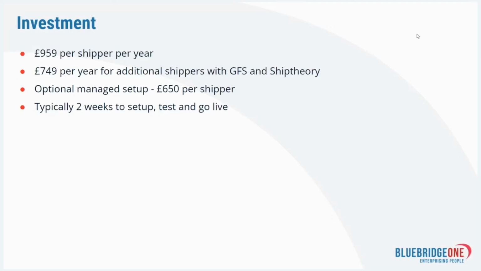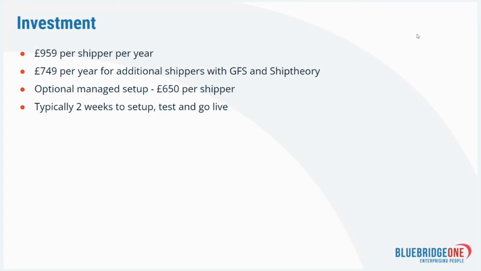In terms of costs, the annual license charge is £959 per shipper. We have a slightly different charging structure with GFS and Ship Theory. Typically our customers who use GFS or Ship Theory have multiple carriers through that, and the arrangement is that the first license for the first carrier is £959 and subsequent carriers are £749.